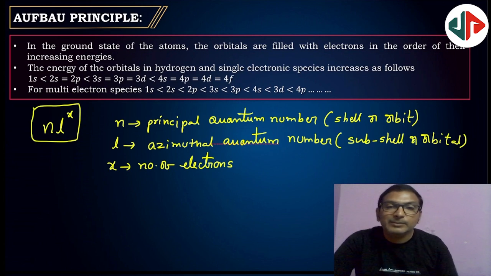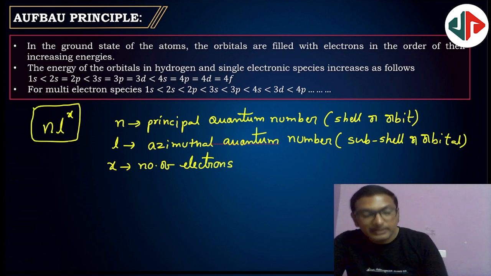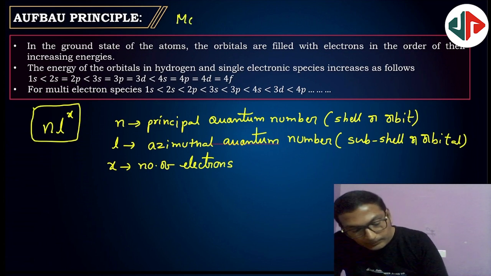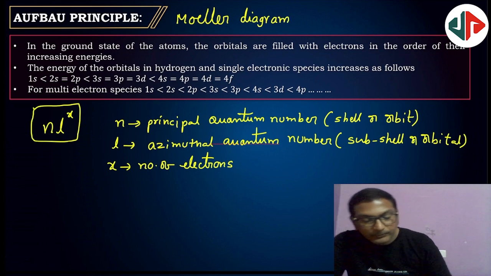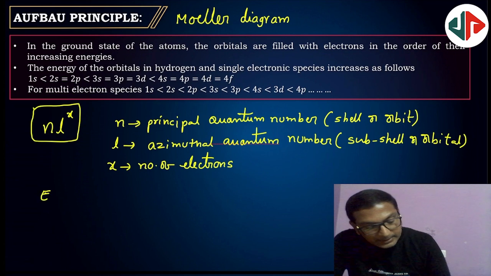So first principle to write electronic configuration is Aufbau principle. It is based on Euler diagram. So Euler diagram based on n plus L value.